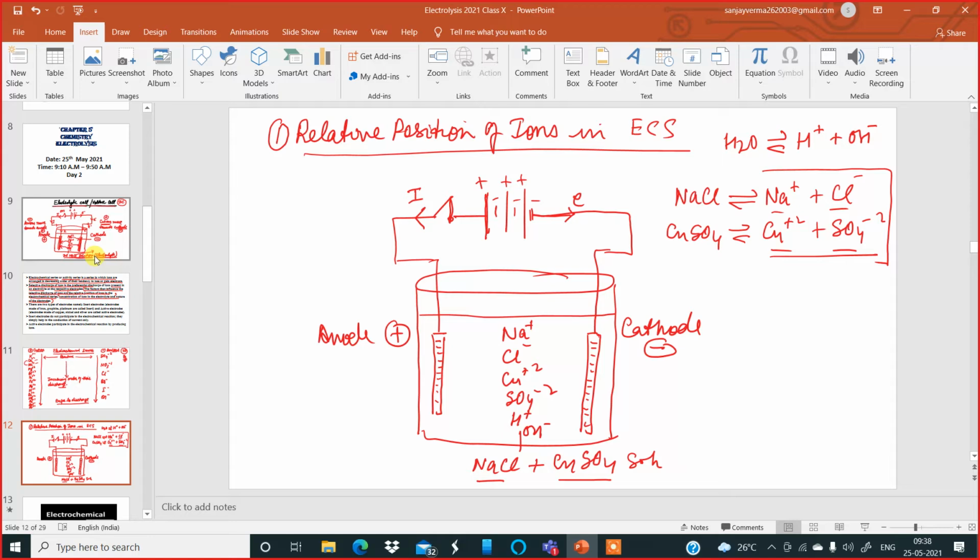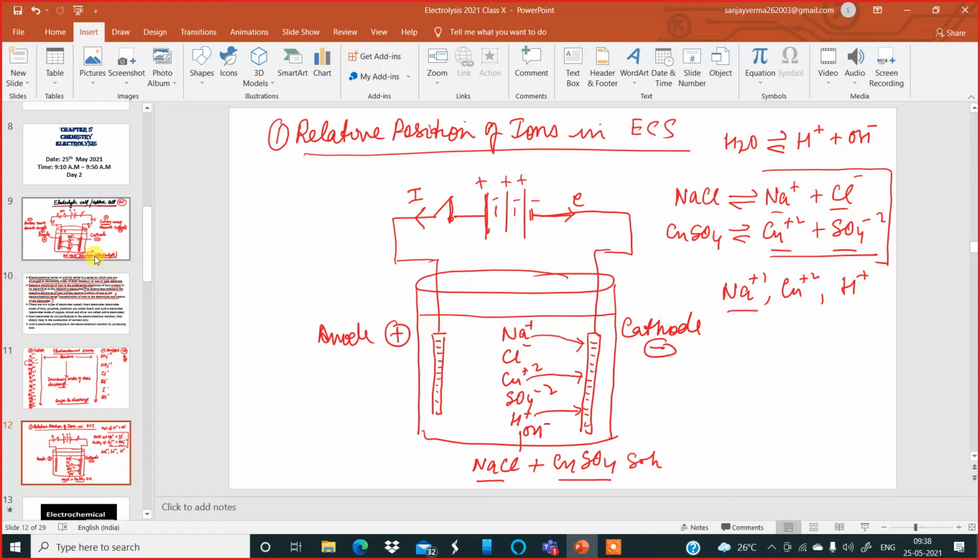Now the ions start moving towards their respective electrodes. What are the cations over here? The cations are sodium, copper, and hydrogen. So the cations moving towards the cathode are sodium ion, copper ion, and hydrogen ion.